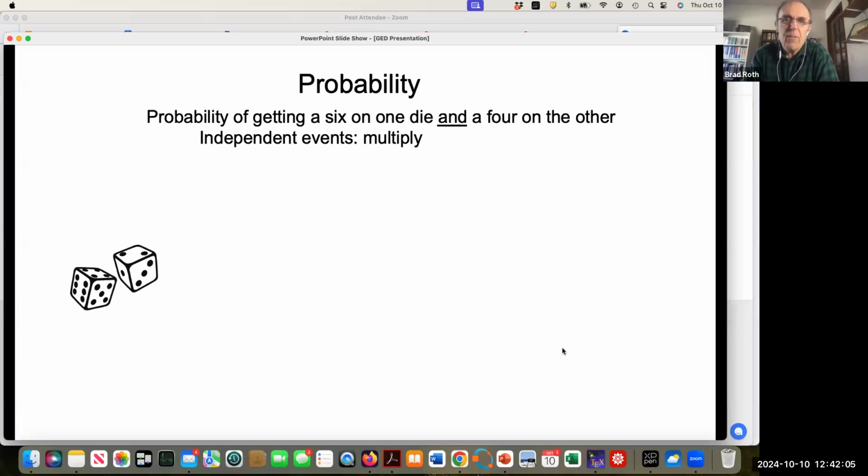And the probability of getting 4 on the blue dice is 1 out of 6. So the total probability is the product. I wrote in the times symbol explicitly, which is now 1 out of 36, or 3%. And oftentimes with independent events, you'll see "and" usually means you multiply the 2.